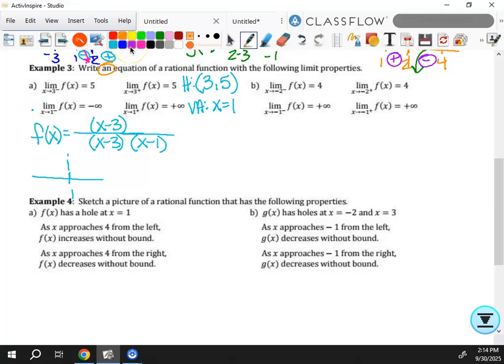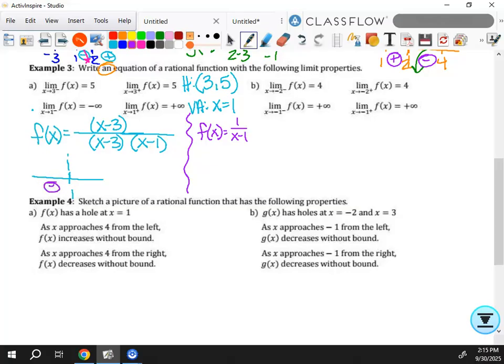So if I approach 1 from the left, now when I do this, I always use my reduced version, right? So even though this light blue would be my answer, if I really canceled out the zeros, this would give me f of x equals 1 over x minus 1, so that I would have that vertical asymptote. And I can do the sign chart with this. So to the left of 1, I can do 0. That would be negative.